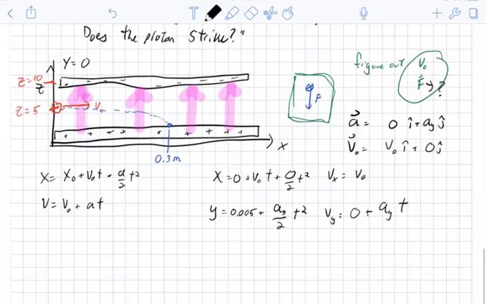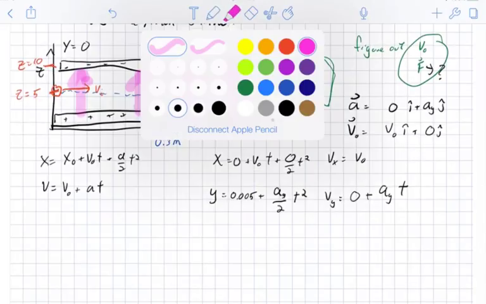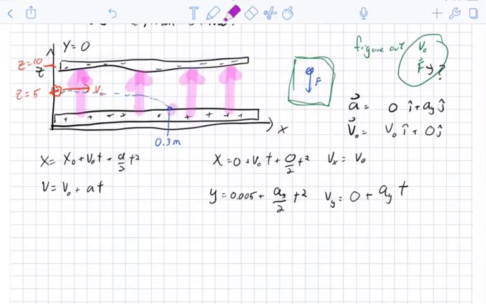Okay, so I'm going to use the fact that I know where it hits. I don't know what time it hits there, but I know that it will hit here. That's where it collides. So at t collision, the x coordinate is equal to 0.3 meters, and the y coordinate is equal to 0 meters.